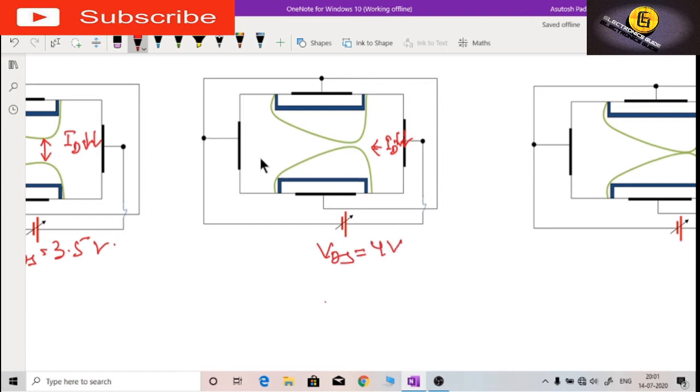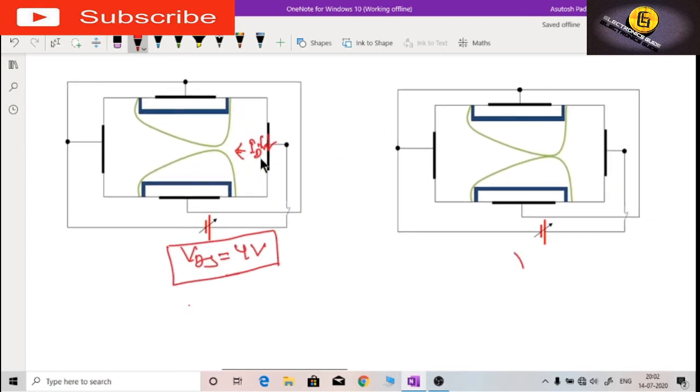That means when we are applying VDS equal to 4 volt, we are getting the minimum width of the channel. If we are further increasing the VDS value greater than 4 volt, will the two depletion regions touch each other, making the channel width 0, which in turn makes ID equal to 0?